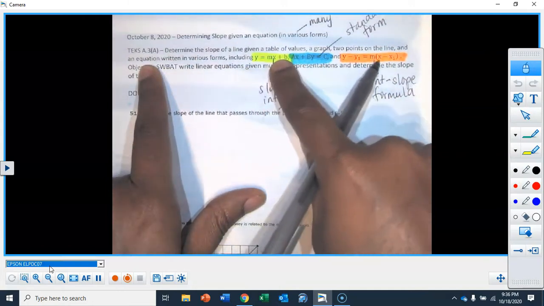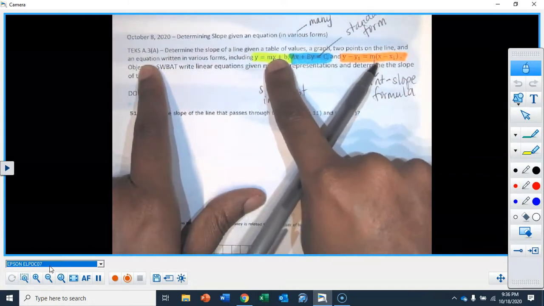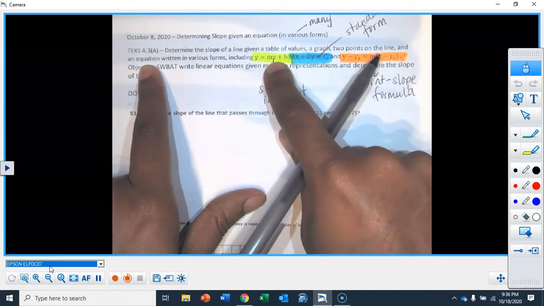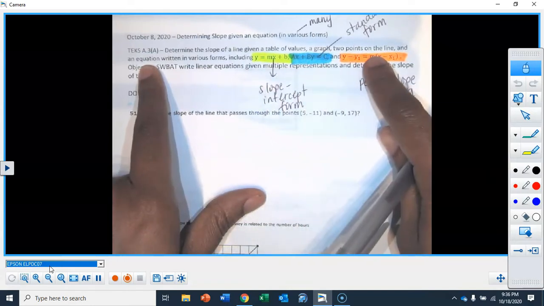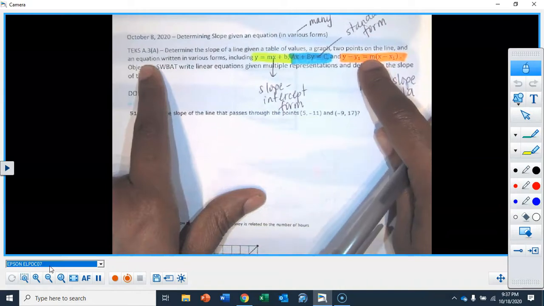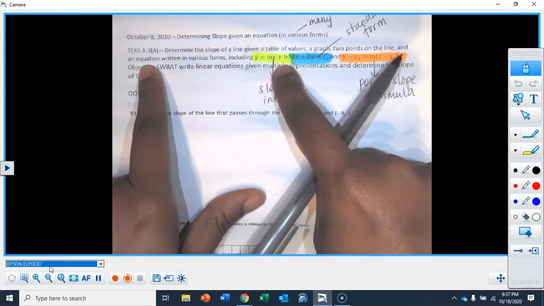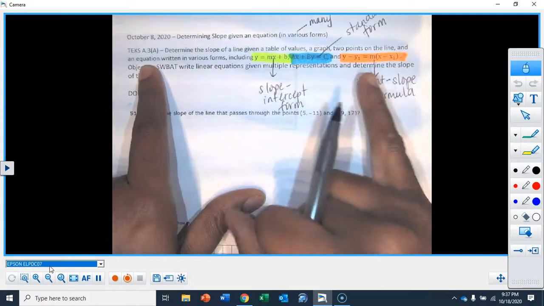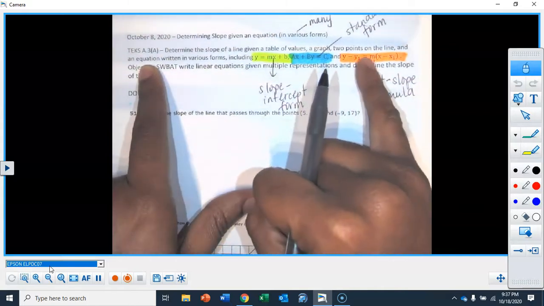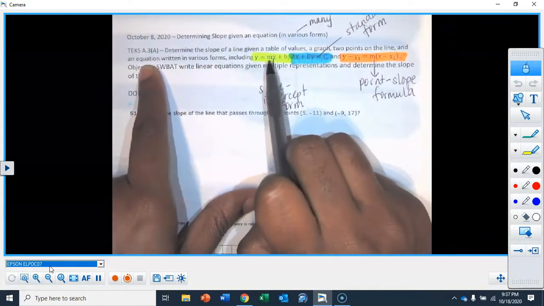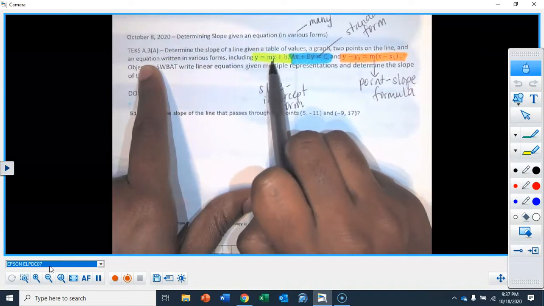Whether they want it in y equals mx plus b, we get it to this form, or we start with something that's in standard form, we change it to slope-intercept form, or we are given a point and a slope, or we found our slope, use the point slope formula and change it back into slope-intercept form. So everything is about changing this and this into slope-intercept. Why? Because m is right here in the formula. You can figure out what your m is.